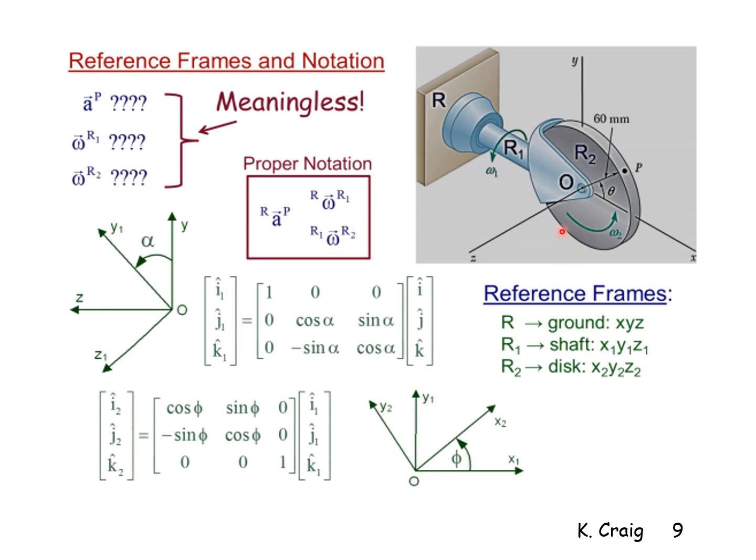The disk rotates about this z-axis, which is fixed in R1. The matrix representation is shown here. Again, if you don't understand this, please go back to your mathematics training to understand this relationship in using trigonometry and the fundamentals of matrix representation.